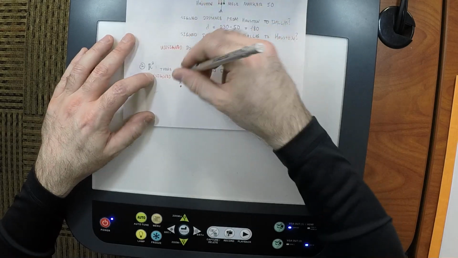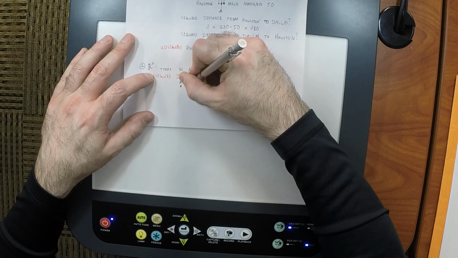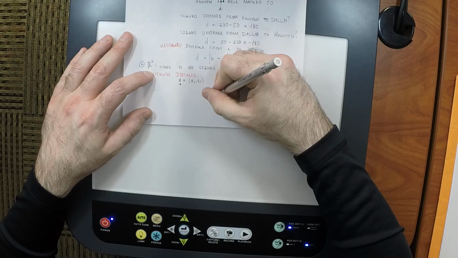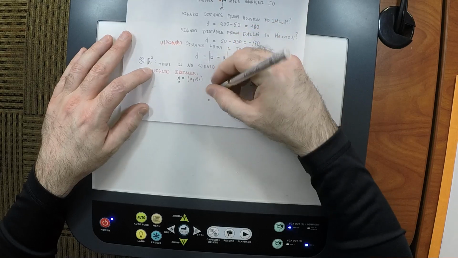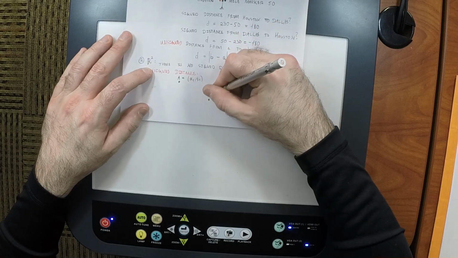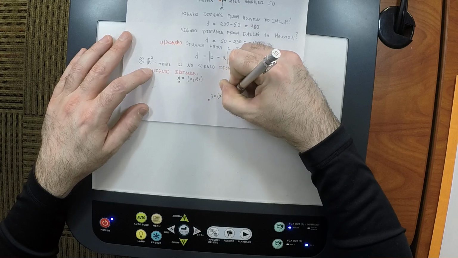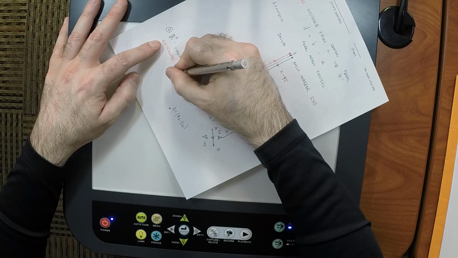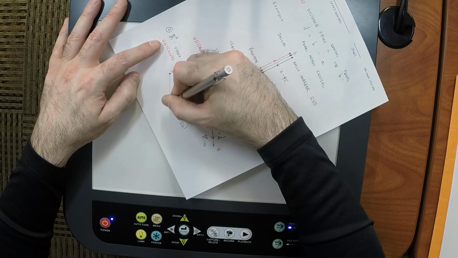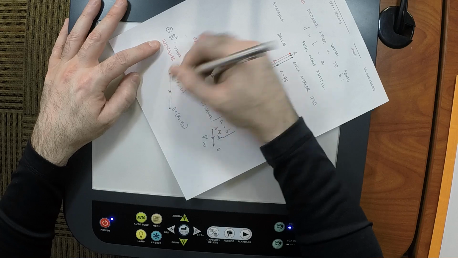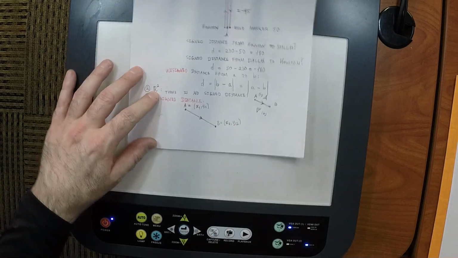We drew a nice diagram last time, so I'll just do this part quick. If we have two points, x1, y1, and another point, x2, y2, and we want to know how long is that, what's that length there.